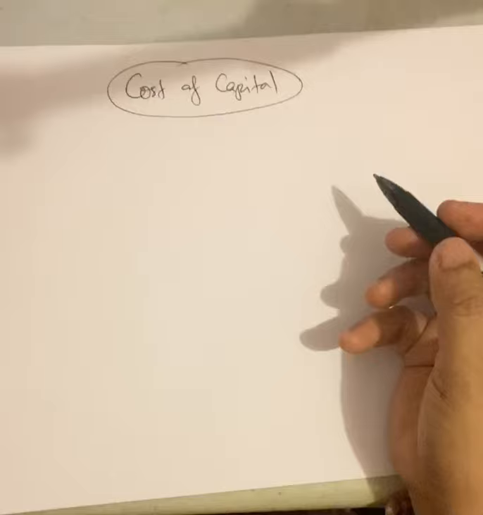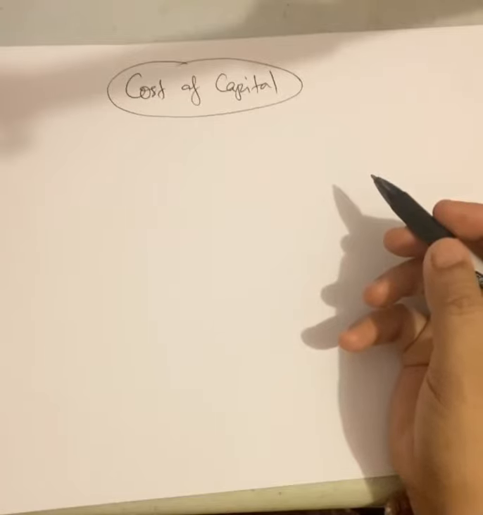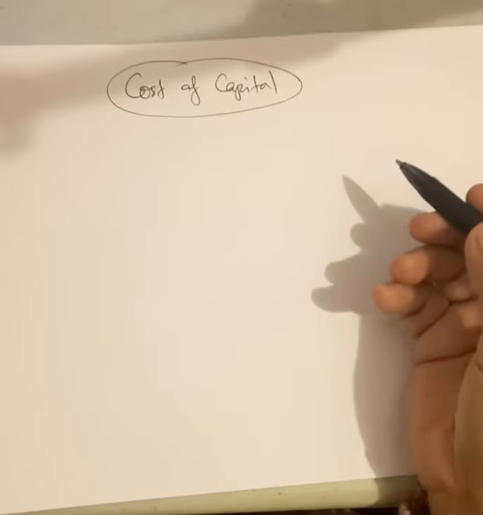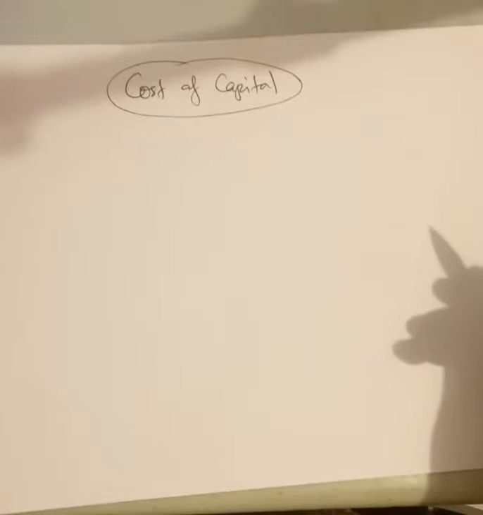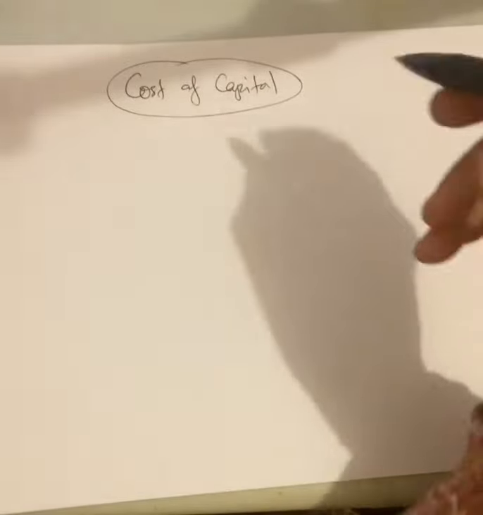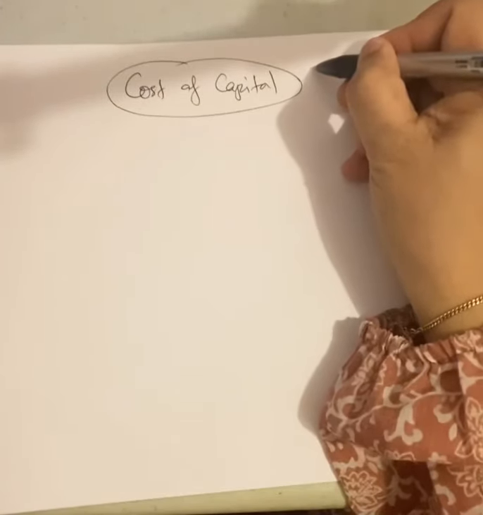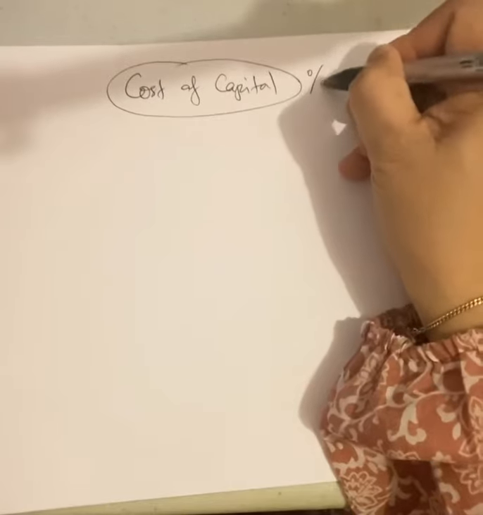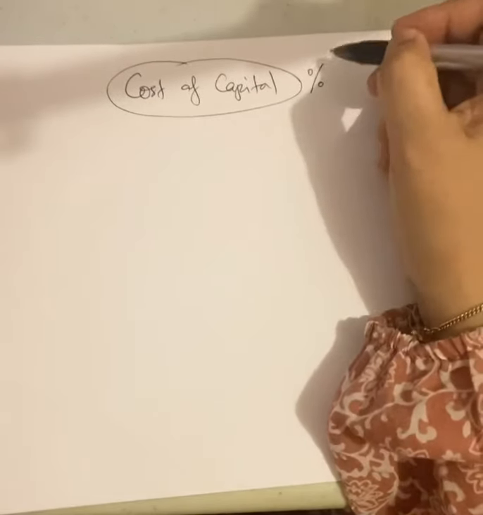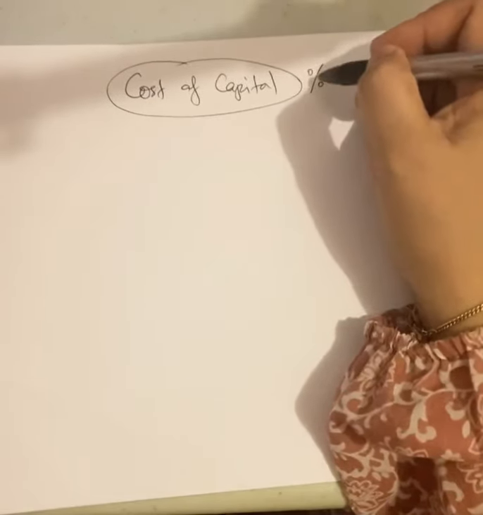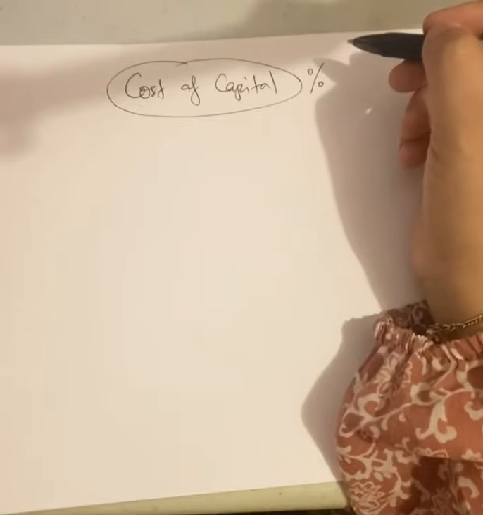This cost of capital is the rate that must be earned by the firm at a given level of risk in order to satisfy its investors. So this cost of capital is measured in percentage. Okay, the answer is in the form of percentage.